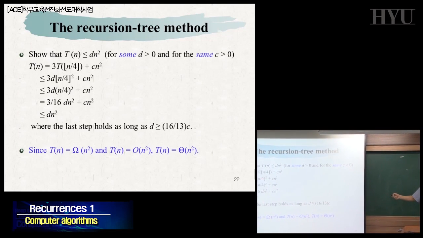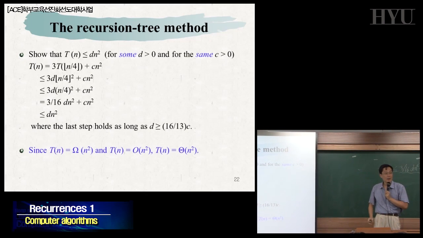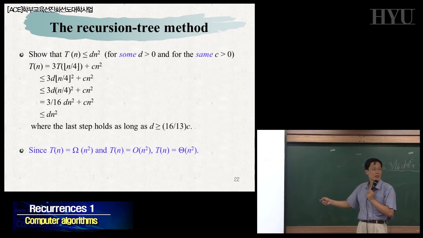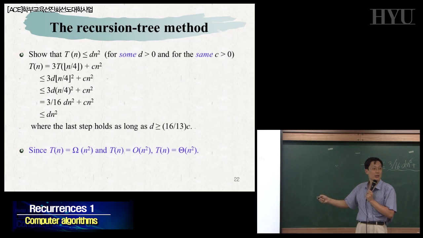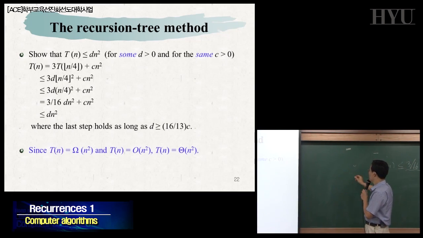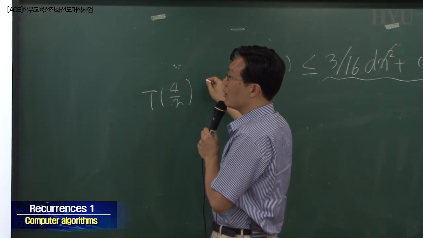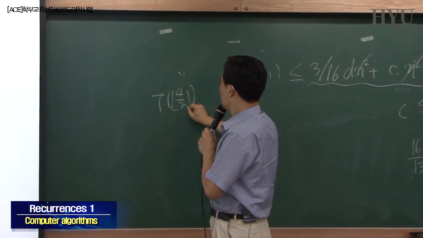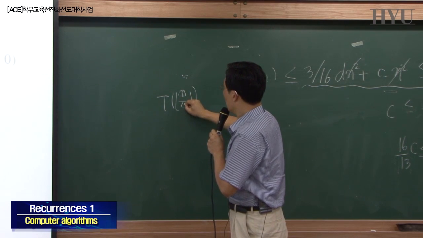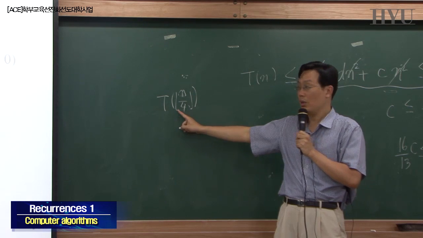This? Yes, why? Between this or between this? This? By replacing, the assumption is this is satisfied when this value is n over 4, the floor of n over 4.